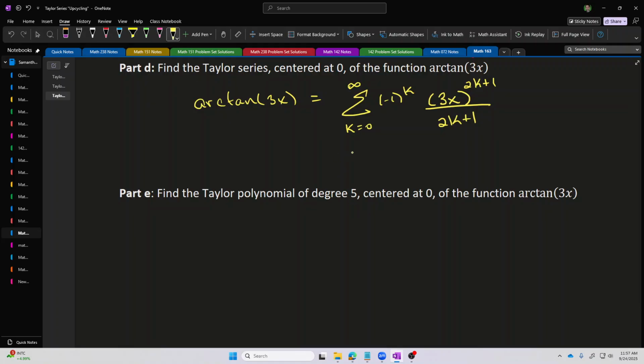So for example, starting out in that Taylor series with a k value of 0, if I plug k equals 0 into this expression, I get minus 1 to the 0 times 3x to the power 1 divided by 1. After cleaning that up, that's just 3x.